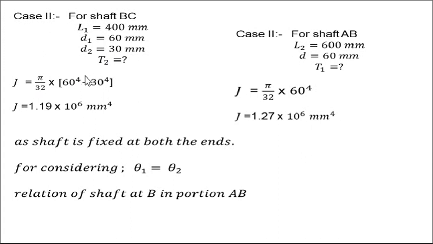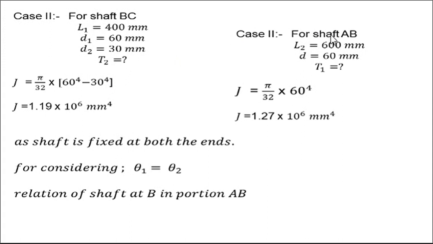For a hollow shaft, the polar moment of inertia formula is pi by 32 into (external diameter raised to 4 minus internal diameter raised to 4). The external diameter is 60 raised to 4 and the internal diameter is 30 raised to 4. You can solve this and find the polar moment of inertia about the longitudinal axis.